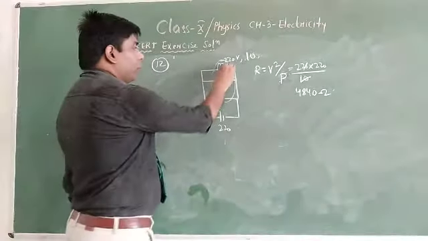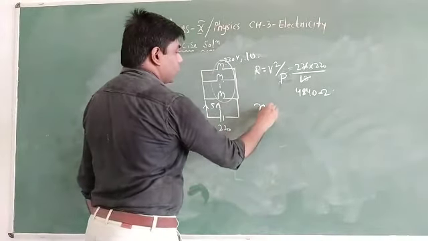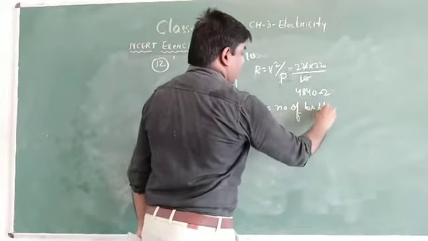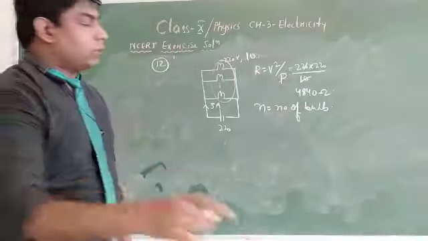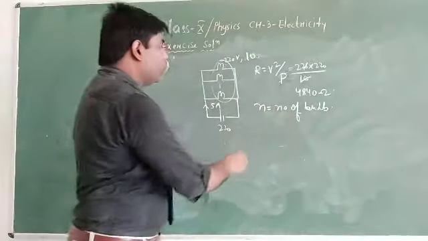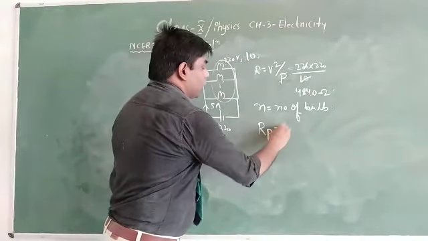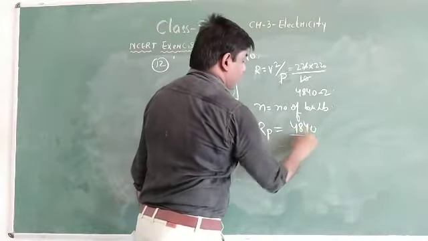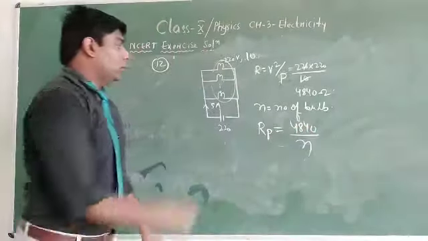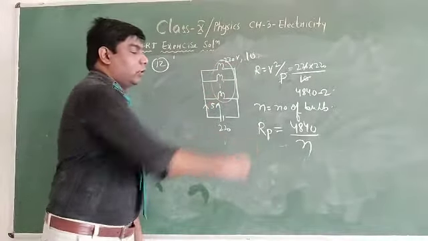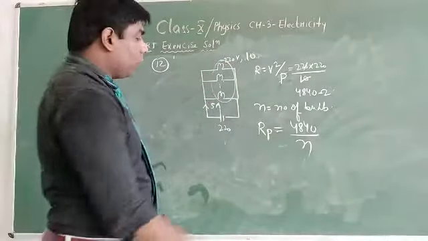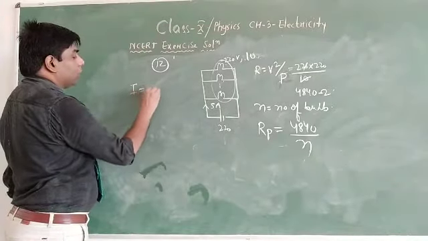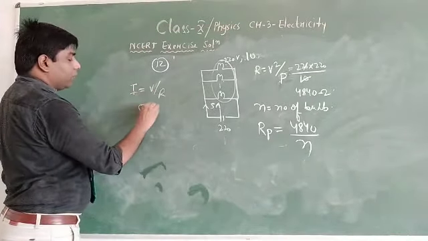Let the number of bulbs be n. Each resistance is how much? 4840, connected in parallel. So RP, this parallel combination, is equal to how much? 4840 by n. Now according to the question, I is equal to V by R. I is 5.